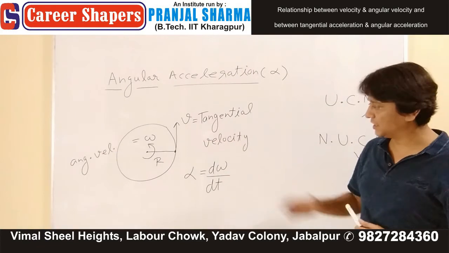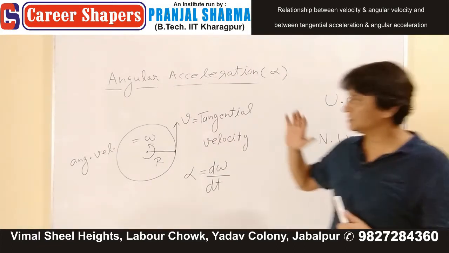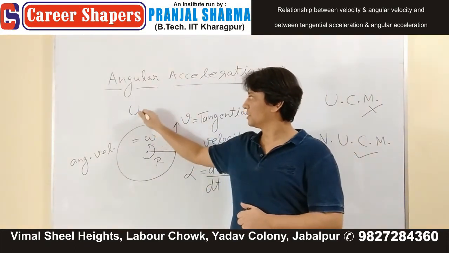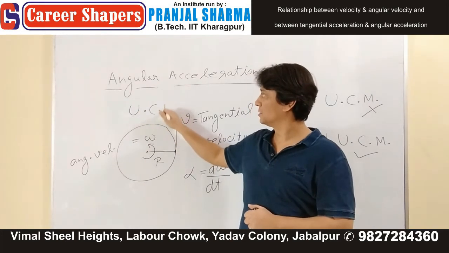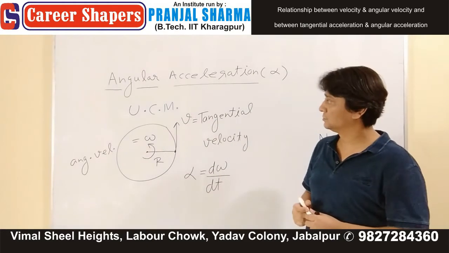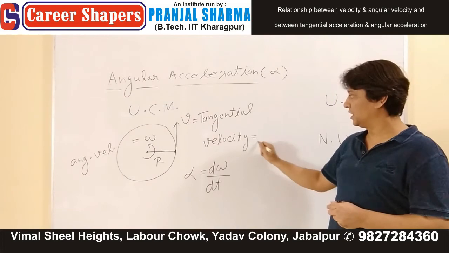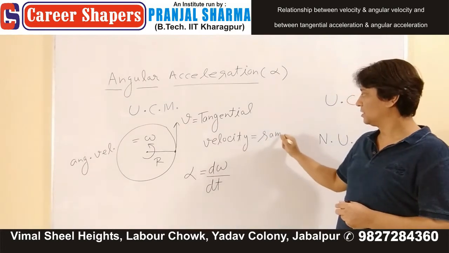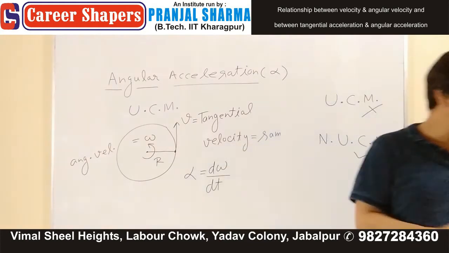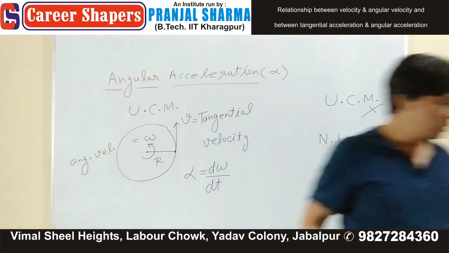So when you say alpha is d omega by dt, suppose this is UCM, if this is uniform circular motion, then v, tangential velocity, it will remain... If I say velocity, it's not correct to say that v is same, but the speed part, the magnitude part will remain what?